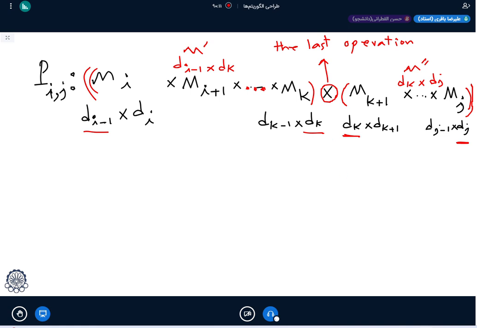Okay. Let's continue. So if we multiply the matrices on the left side to each other, the result is a matrix.